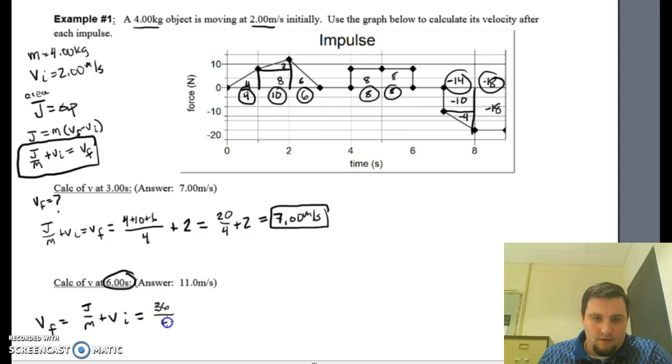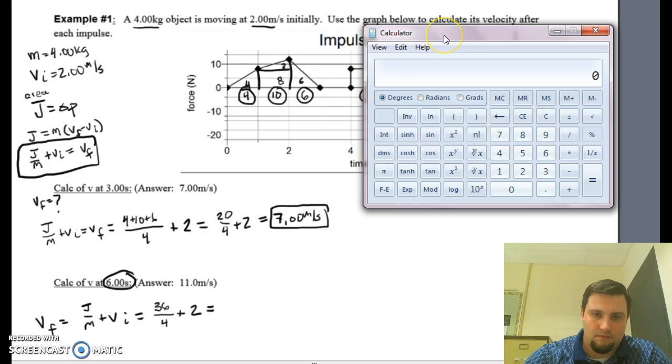Over a mass of 4 plus initial velocity of 2. 36 over 4 plus 2. That's 11.